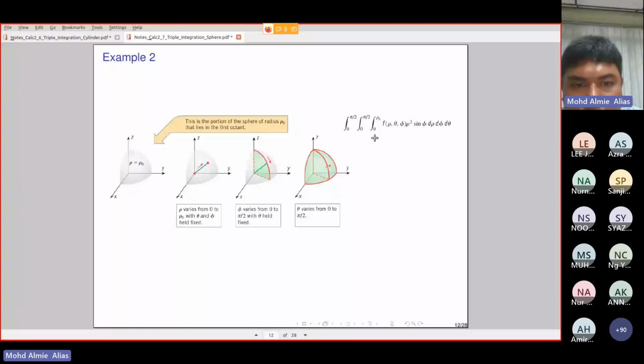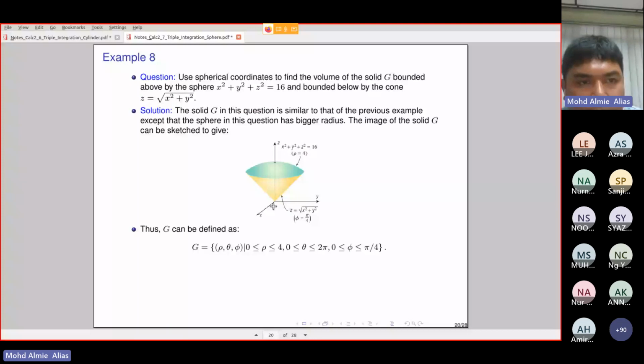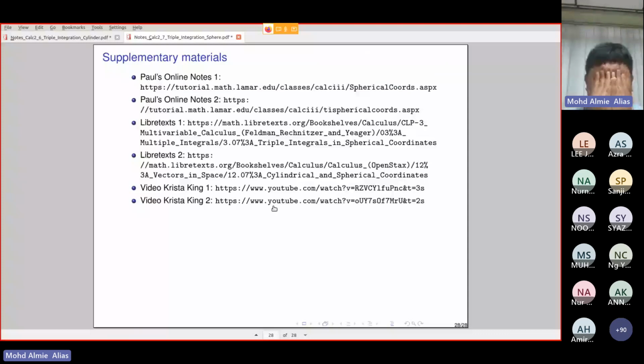And also this, and also this. Please try to understand them, and then try to do example 7, example 9, example 10, example 11, example 12, and the supplementary material. Please read through all this material, and then we will discuss this after next week on Monday and Tuesday.